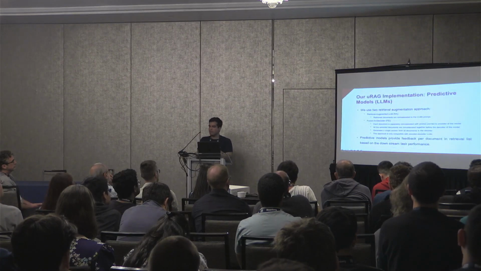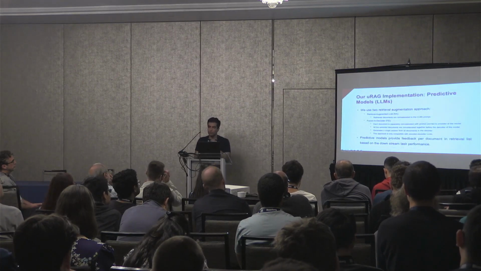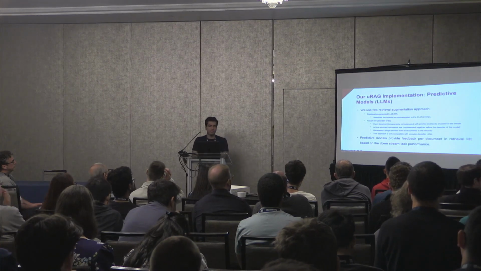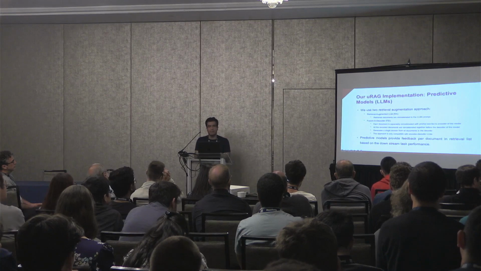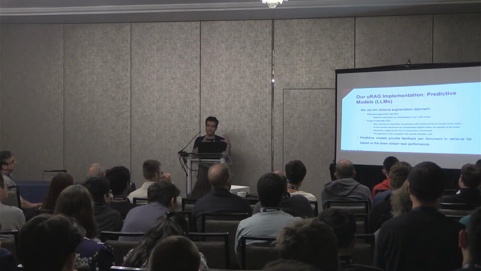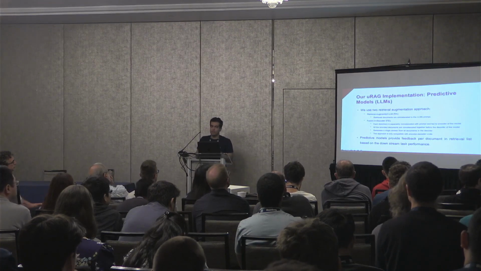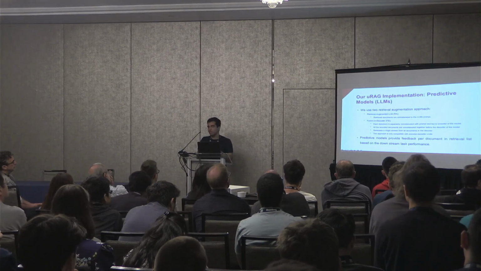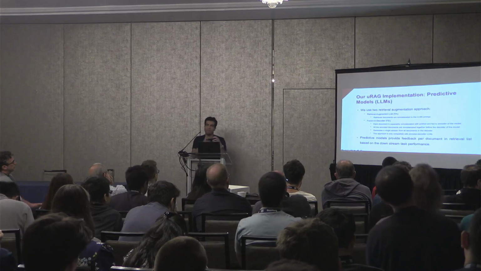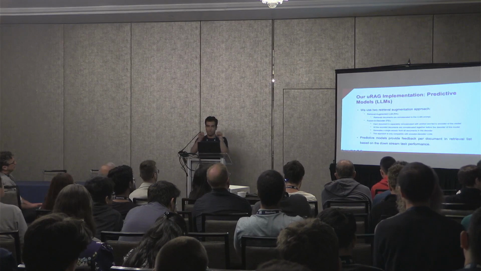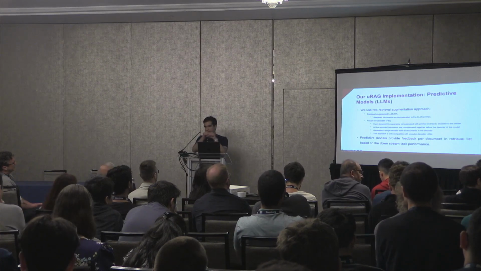For the implementation of the predictive model, there are two ways to implement these models. One of them, which we call Retrieval-Augmented LLM, is retrieving some documents, concatenating them with the prompt of the language model, and then feeding it to the language model. The other way that we can consume this is using Fusion-in-Decoder. In Fusion-in-Decoder, if we have a retrieval list, we concatenate each document in the retrieval list with the question, and then feed this to the encoder of the model.